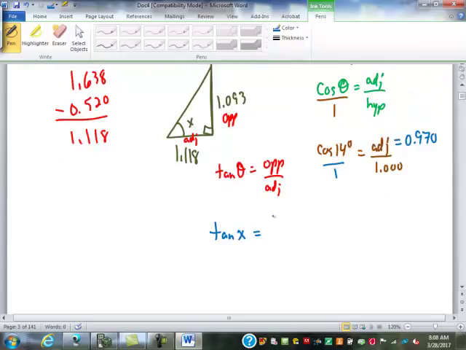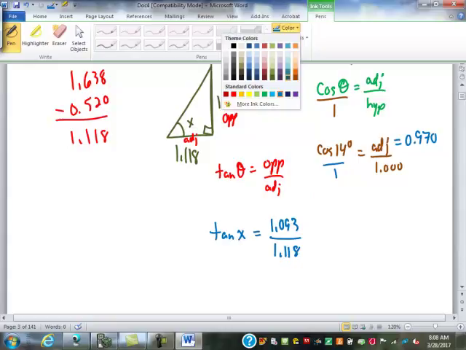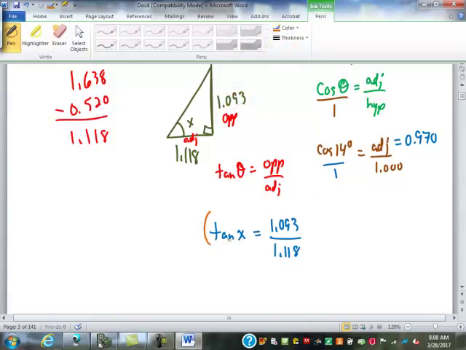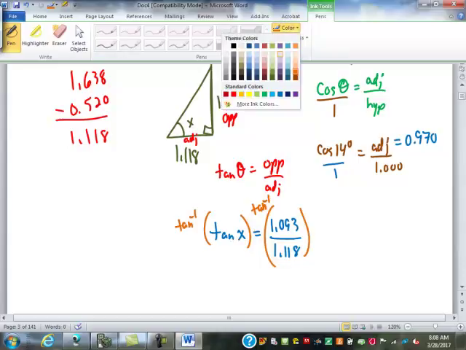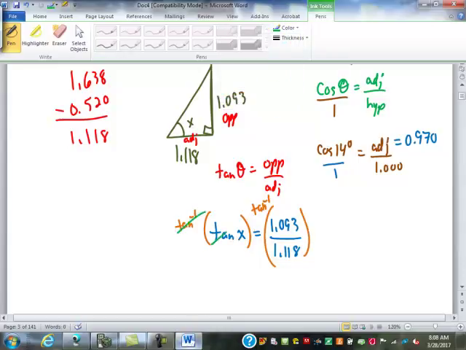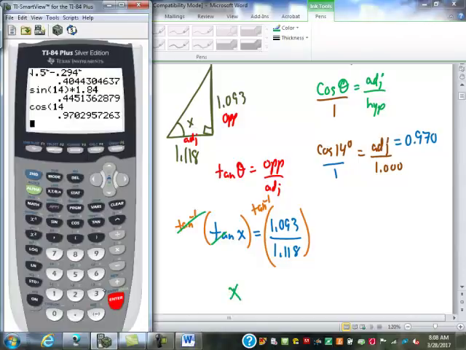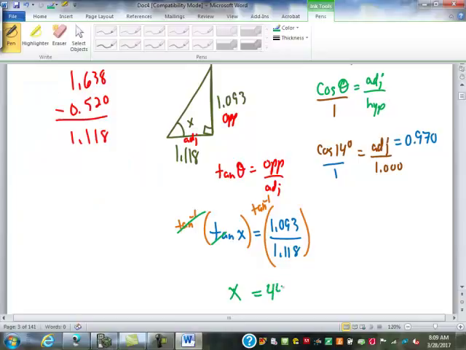Opposite side is 1.093. Adjacent side 1.118. We are looking for an angle this time, which means we do an inverse trig function. It's a tangent, so we do an inverse tangent. So angle x is going to equal the inverse tangent of 1.093 divided by 1.118. 44.35 degrees. What do you think?